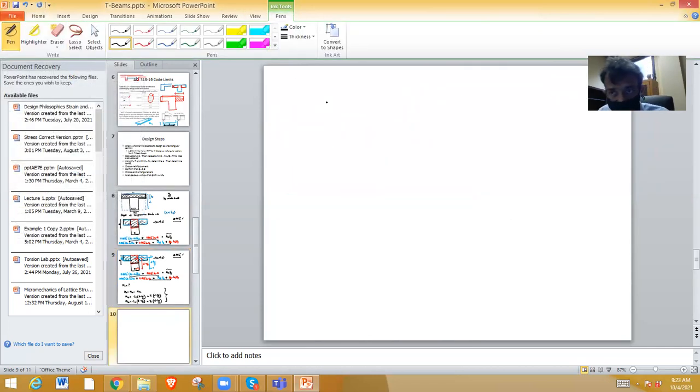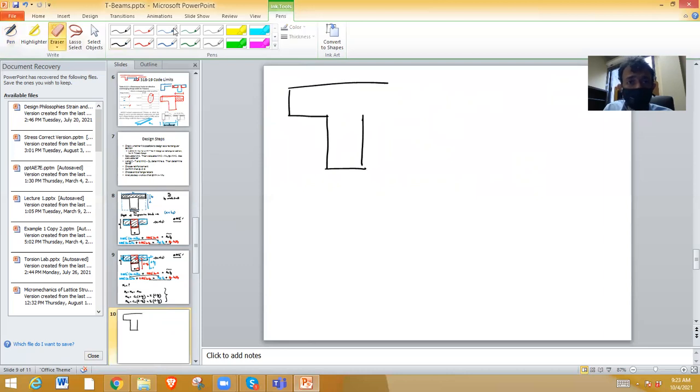Now for design, the first thing is the depth of the beam. Let me explain something to you. This is a T-beam, right?